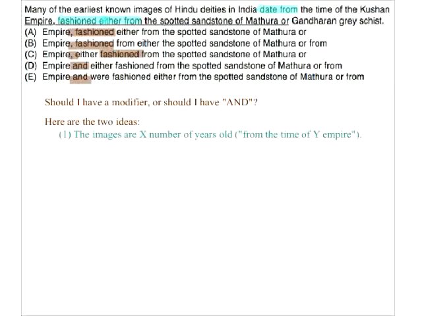The other idea is the images are made from one of 2 types of rock. Tell me about those ideas in the chat box. Tell me a story about those two ideas. Relation, no relation, independent, does one of them describe the other one? Tell me a story.